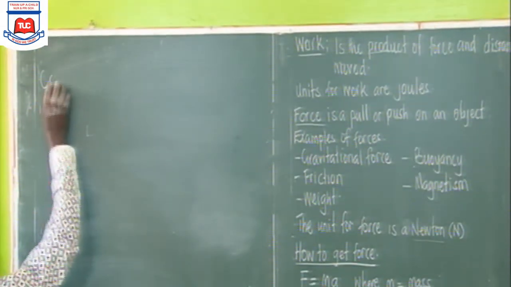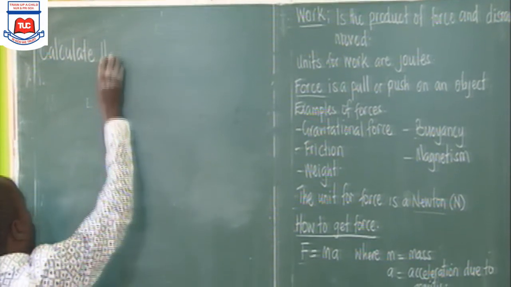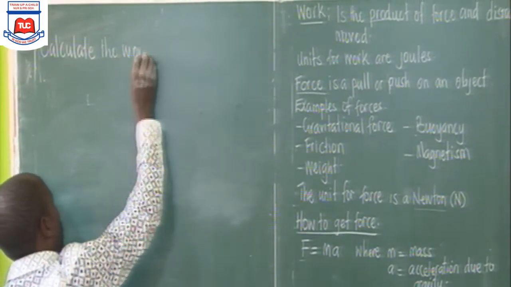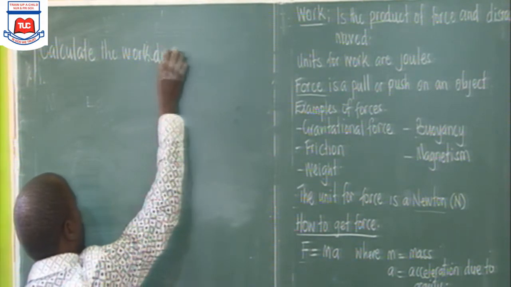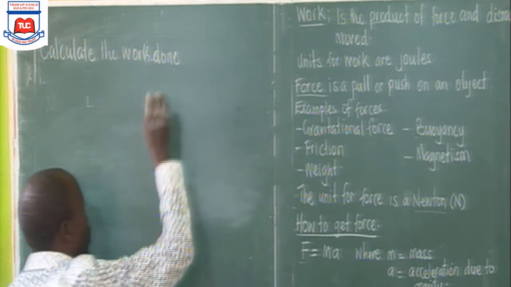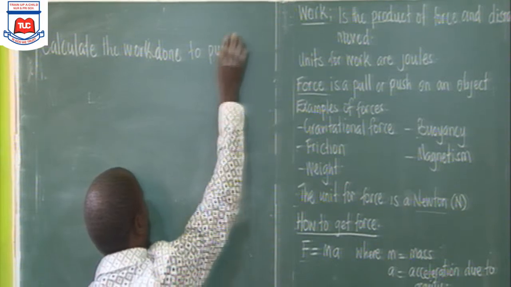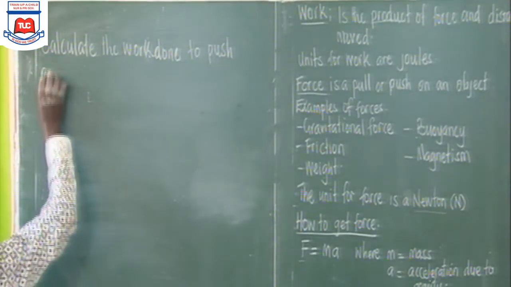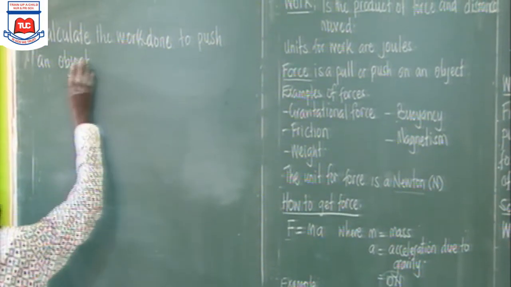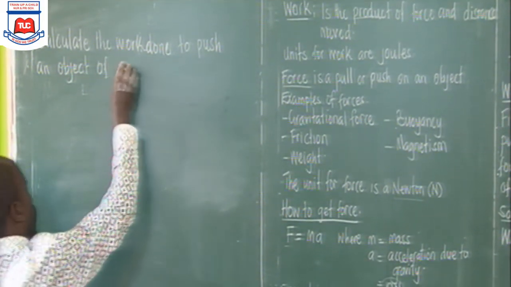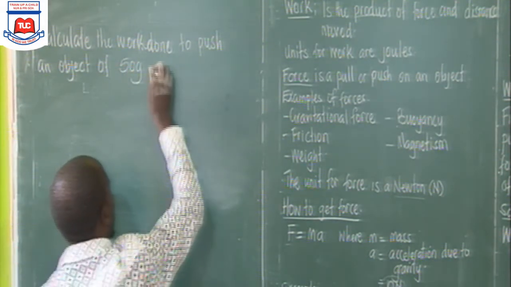Calculate the work done. The work done to push an object of 50 grams, okay, through a distance.